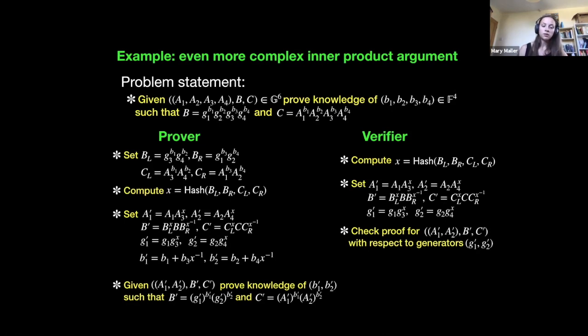And CR is going to be equal to our first 2 group elements, A1, A2, to the power of our last 2 exponents, B3, B4. Then given BL, BR, CL, CR, we're going to hash all of those in order to get some randomness X, which cannot depend on BL, BR, CL, CR. We're then going to set some values according to X: A1 to A4, BL and BR, CL and CR, and our generators and our exponents.